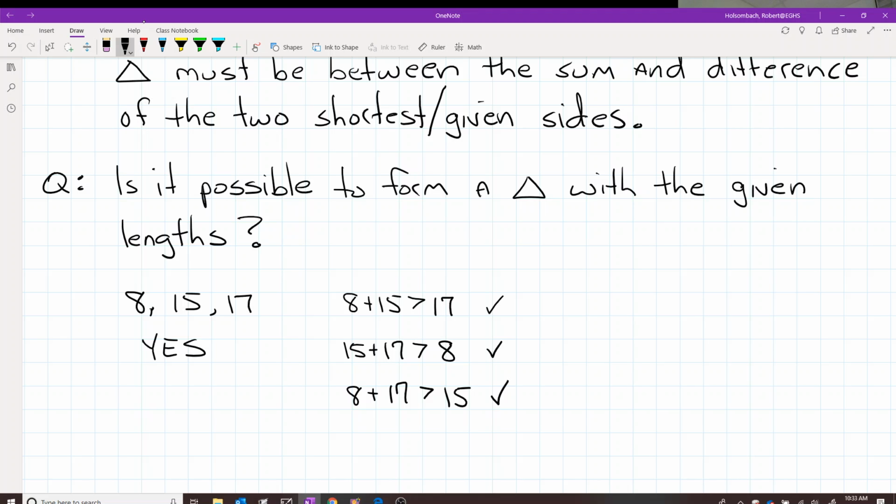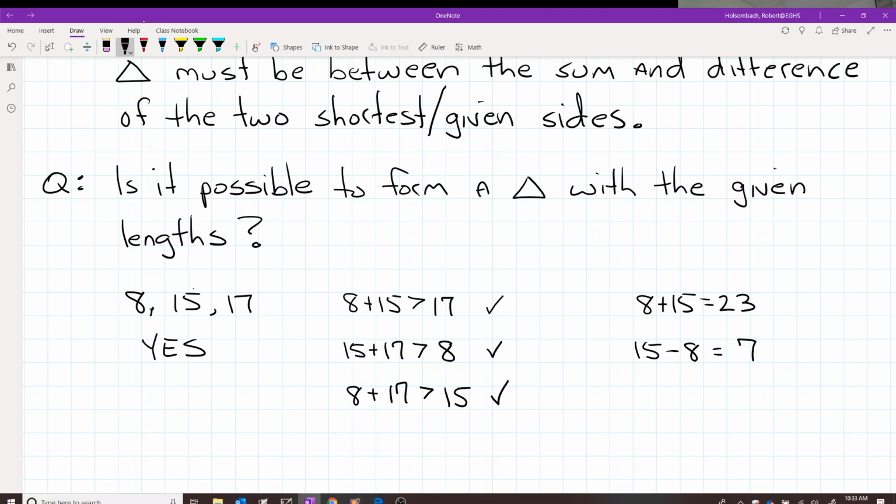Now, that's how you can answer that question using the triangle inequality theorem. The other way that you can answer this question is to take the two shortest sides. The two shortest sides in this case are 8 and 15. If you add those together, 8 plus 15 equals 23. If you take the two shortest sides and subtract them, take 15 minus 8, and that equals 7.